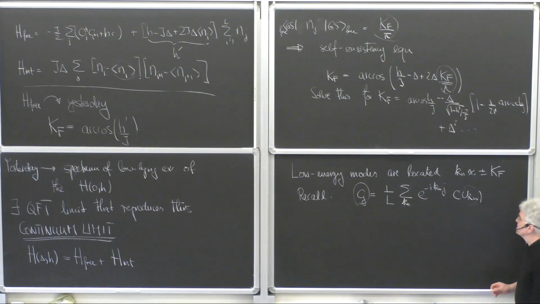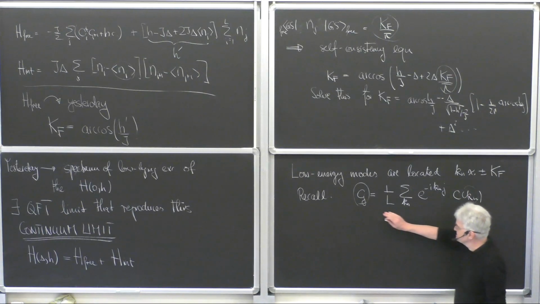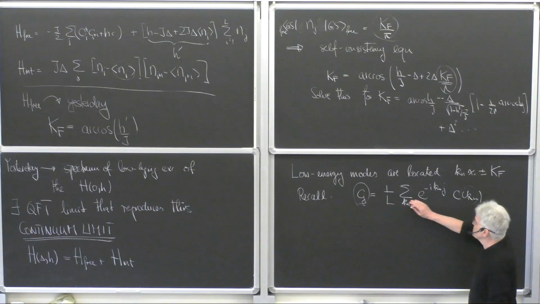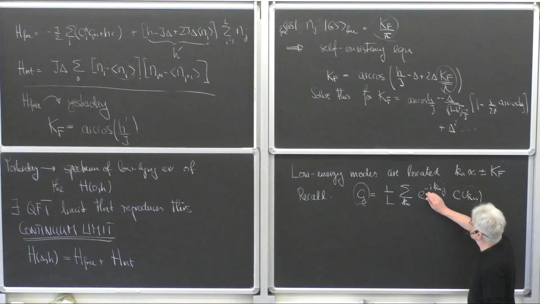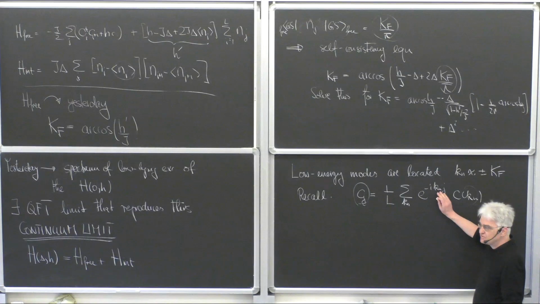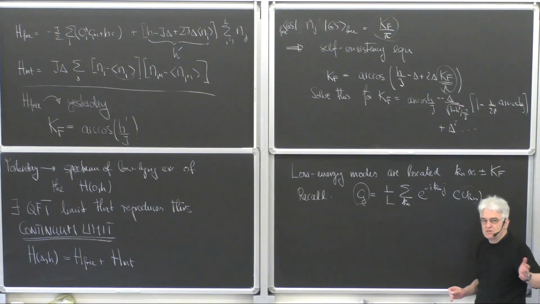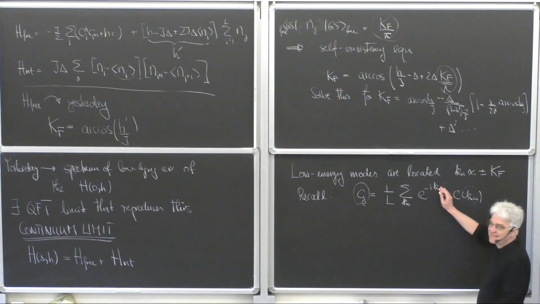Okay? And that then tells you that the low energy projection will have a piece which is proportional to e to the minus i k_F, approximately, because the k's are approximately plus or minus k_F, and another piece which is proportional to e to the plus i k_F times j.